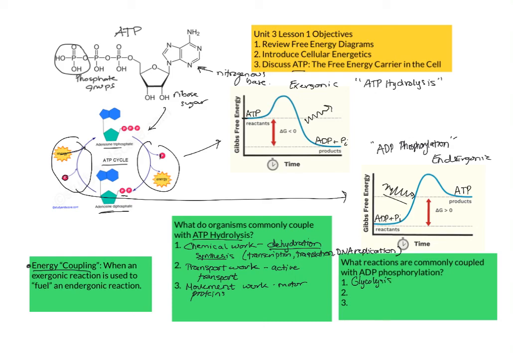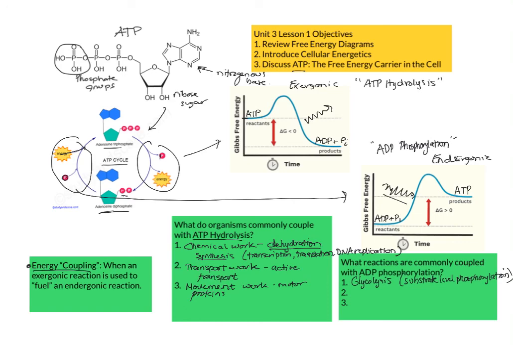Glycolysis is the first phase of three phases of cellular respiration. And during glycolysis, something called substrate level phosphorylation occurs. This is just referring to a moment in glycolysis where a reaction happens that is exergonic, that's coupled with ADP being phosphorylated back into ATP.